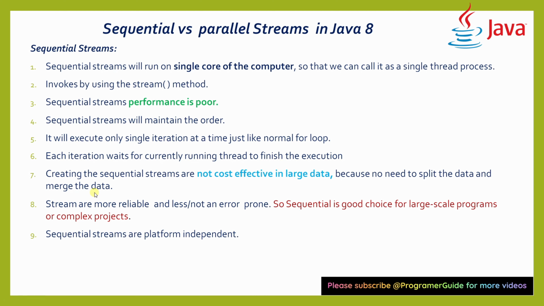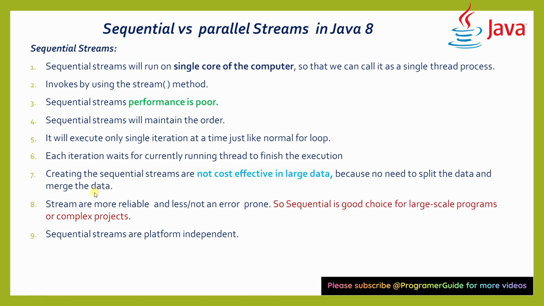What I mean to say is, if you are working with parallel streams, the data is going to be split and the merging process is going to happen. But whenever you are working with sequential streams, the data is already in sorted mode, so you have no need to split and merge.